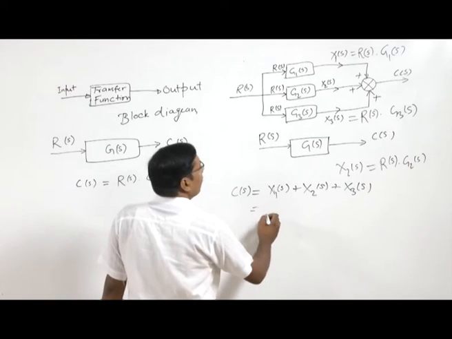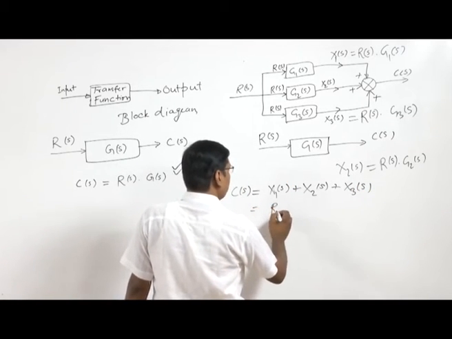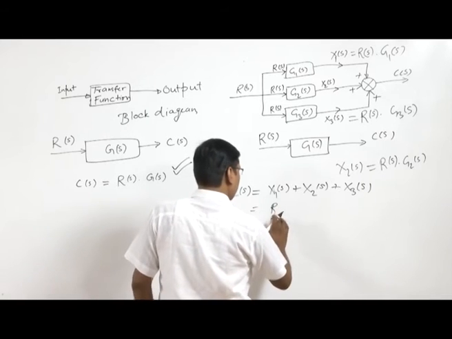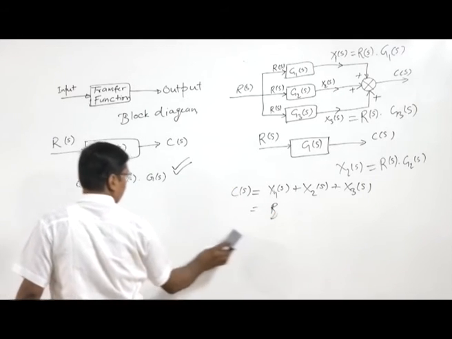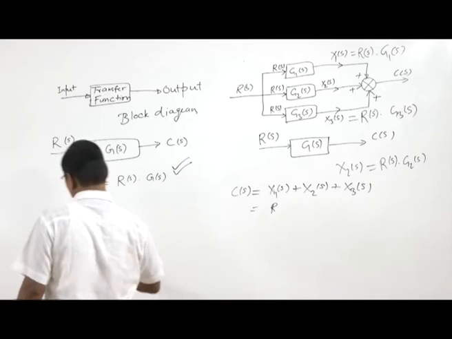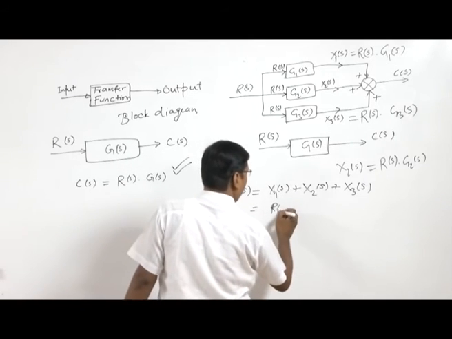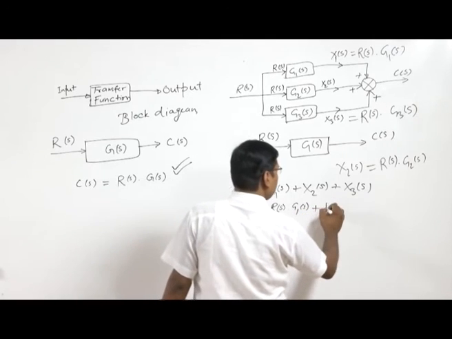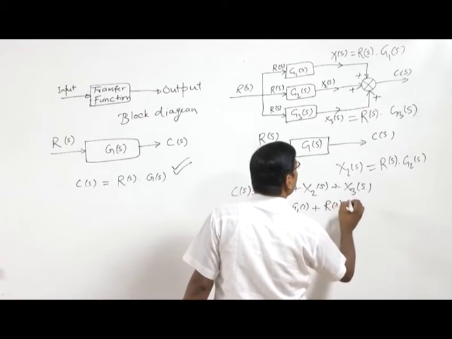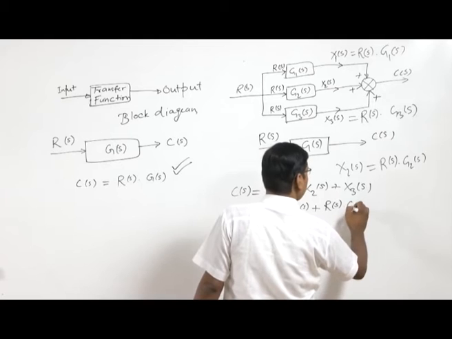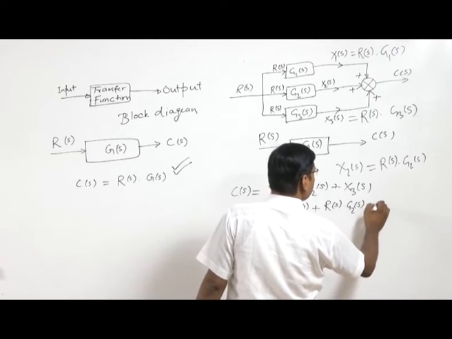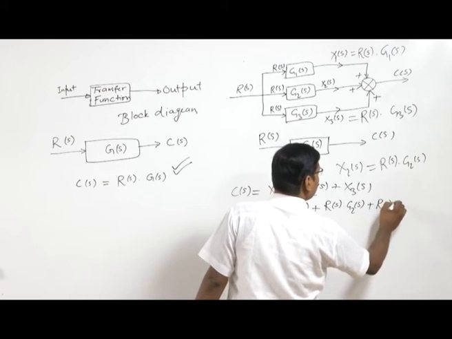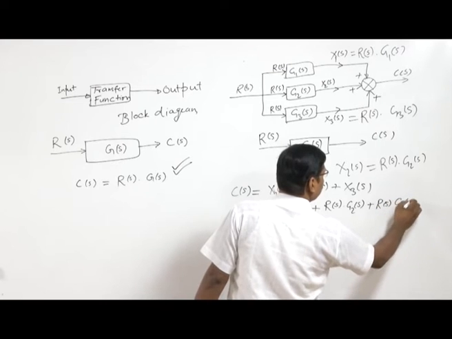So we have R(s) into G1(s) plus R(s) into G2(s) plus R(s) into G3(s).